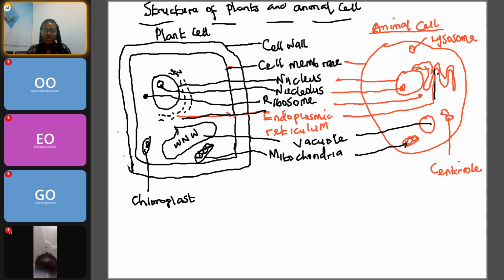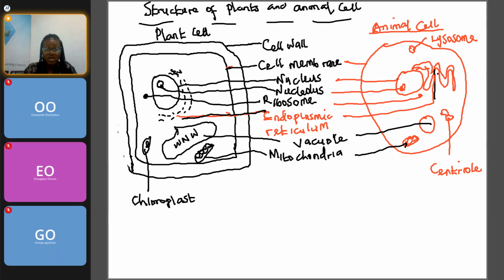What does the lysosome do? It contains the digestive enzymes to break down whatever the animal eats. So whatever you eat, the function of the lysosome is to break it down with digestive enzymes so that the food can be digested. That is the function of lysosome.